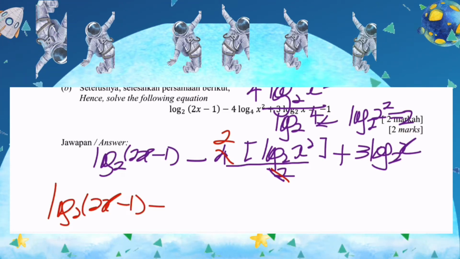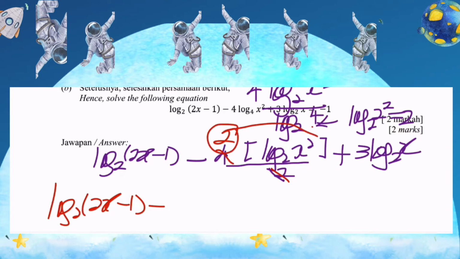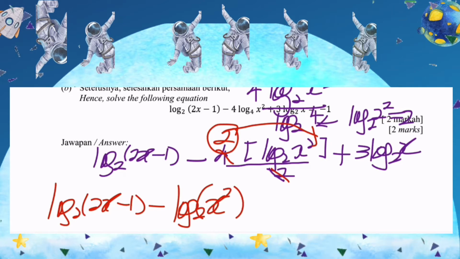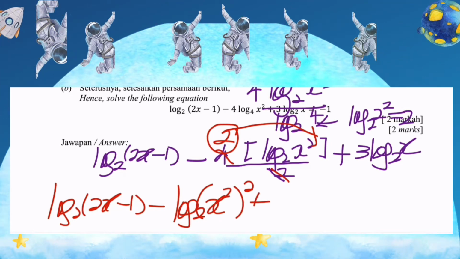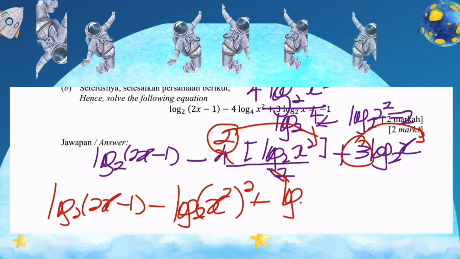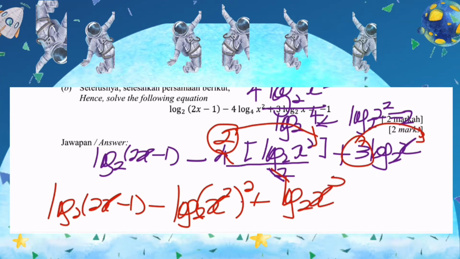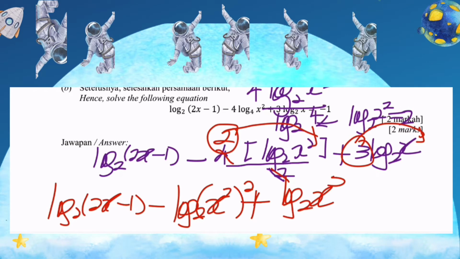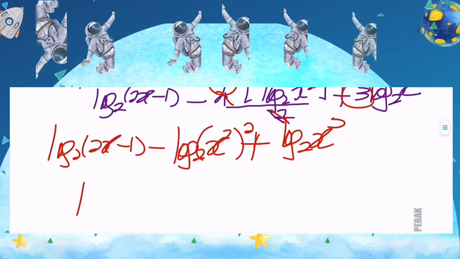So now log base 2 of (2x minus 1). And before we divide them, the 2 we have to raise up, becoming log base 2 of x to the power 4. And then the 3 also we have to raise up. It becomes plus log base 2 of x to the power 3.